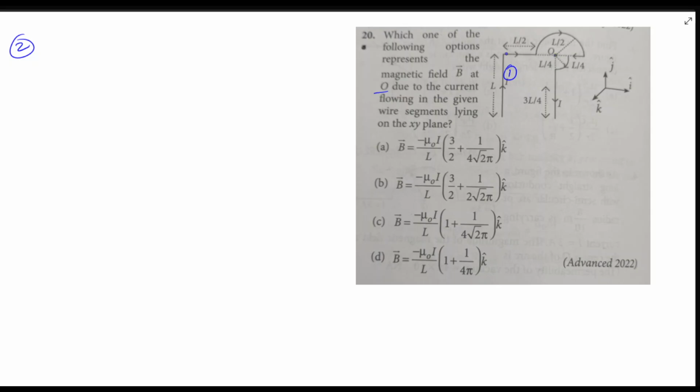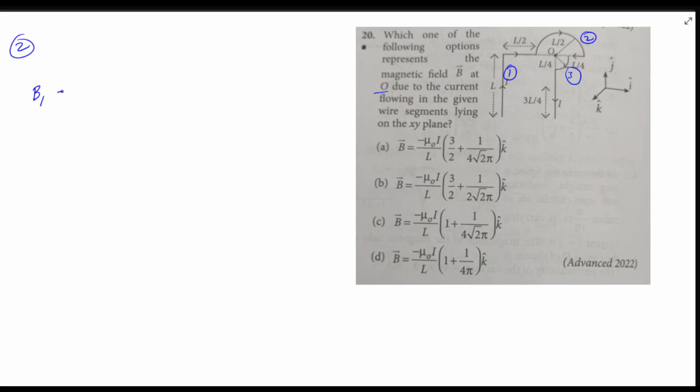This point lies on the direction of the current itself. From this semicircular loop, yes, there will be magnetic field. With this section, no. From this quarter circle section, yes, there will be magnetic field. With this, there will be no magnetic field. So we have to check for 1, 2, and 3.